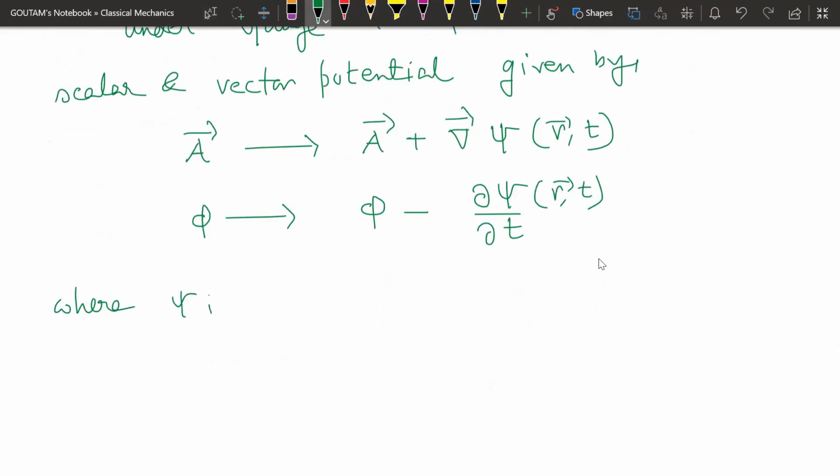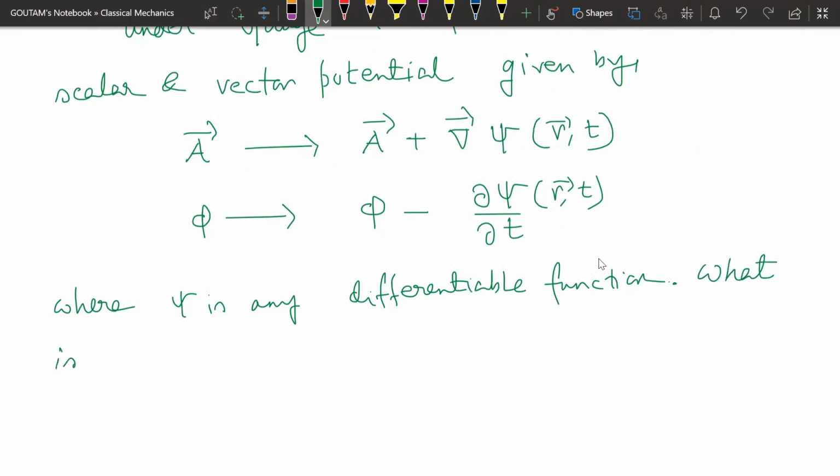Where psi is any differentiable function or scalar. Now the question is, what is the effect of this gauge transformation on the Lagrangian? Is it changing the Lagrangian?